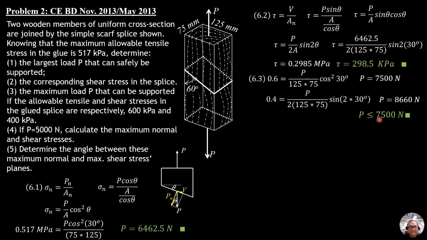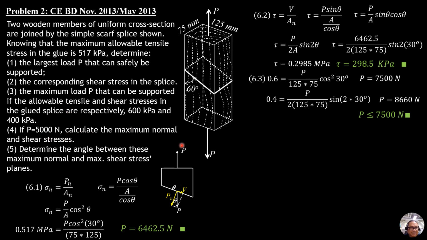That's why we have 7,500 newtons. It is 8660 based on shear, but the lower value is the safer, so that's why P is less than or equal to 7,500 newtons. Tensile strength of the wooden bar is the controlling factor.